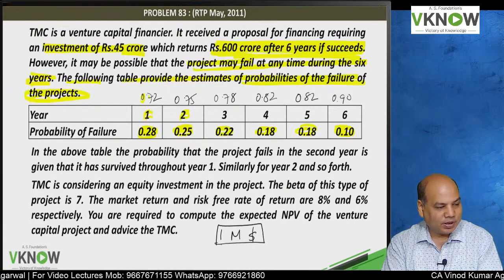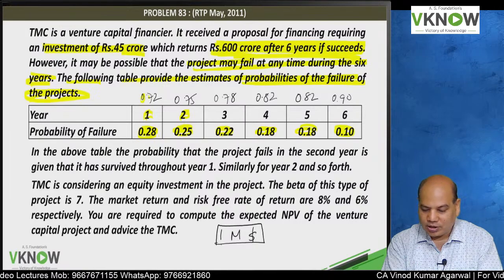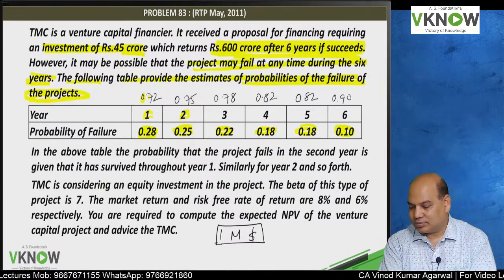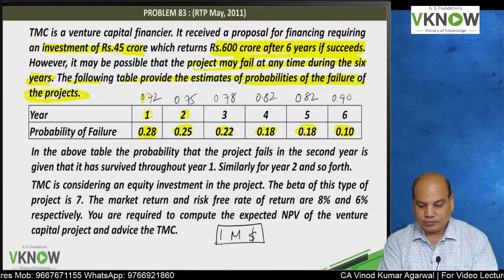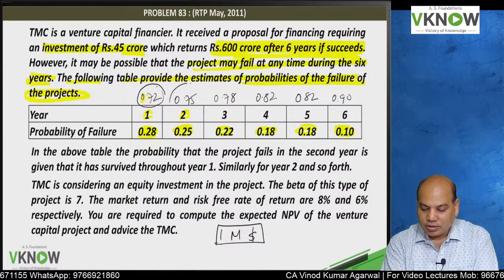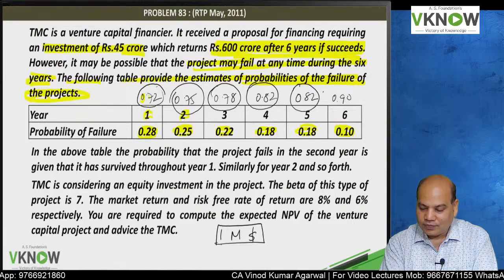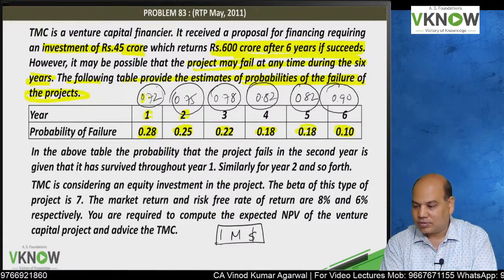What is the probability that project will succeed? How do I solve? It has to succeed in all the years. It has to succeed in year 1 and year 2 and year 3 and year 4 and year 5 and year 6.